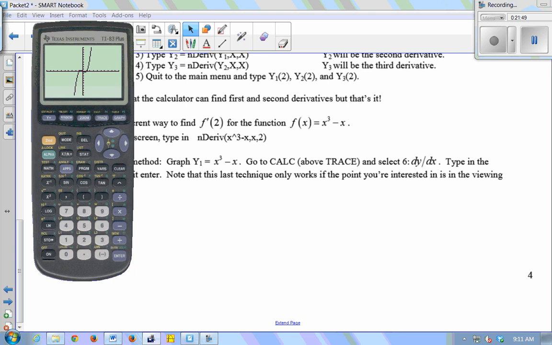So if I go to the calc menu and choose dy dx, it's asking me for an x value, right? So I just type in 2, and it gives me dy dx is 11. This last technique only works if the point you're interested in is in your viewing window, though. You have to be able to see 2 and the point on the graph, f of 2.